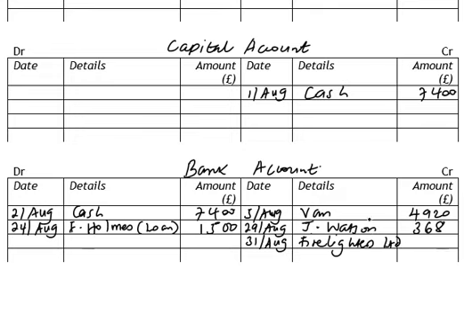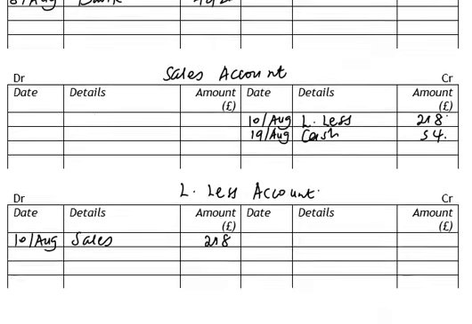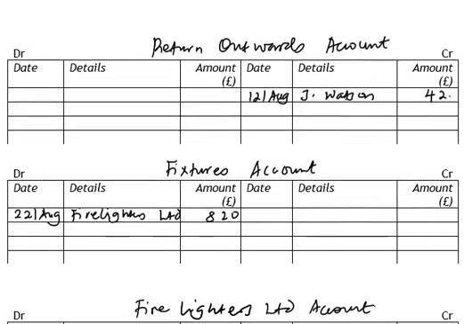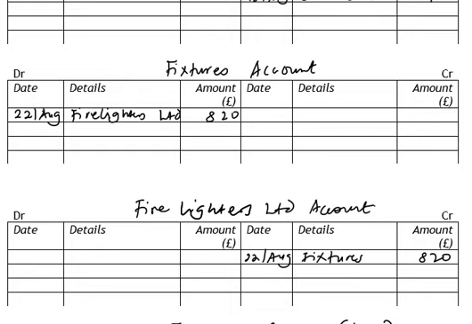That is 820. Then go to Firelighters Limited account and debit it. That is on 31st. Bank 820. So that is our last transaction.